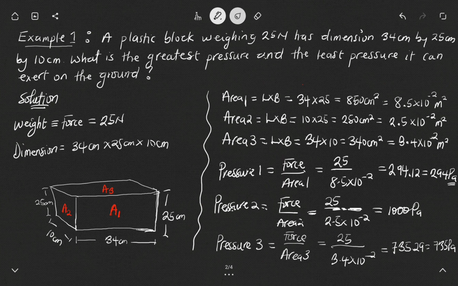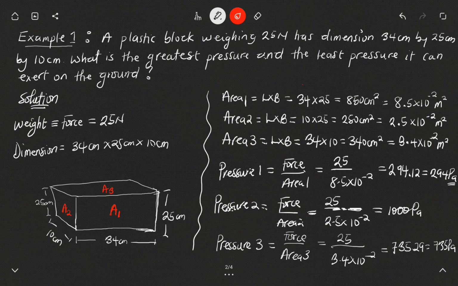Right, so now that we have our answers, let's try and answer the question. The question is saying, what is the greatest pressure and the least pressure? If you look at it, we have 294 Pascal, 1,000 Pascal, and 735 Pascal.